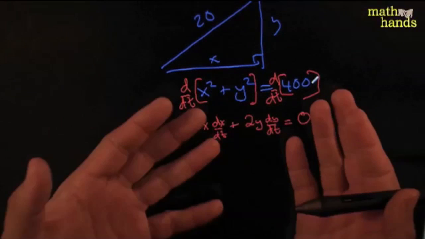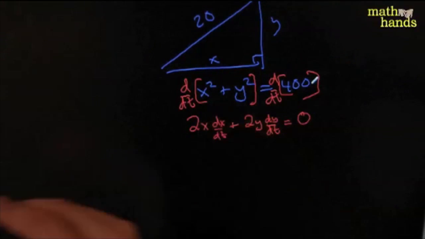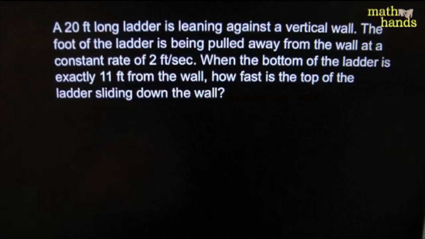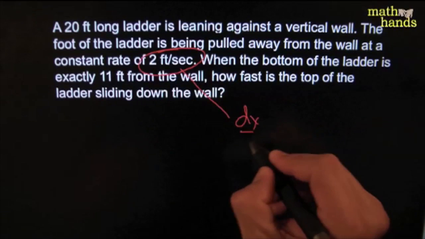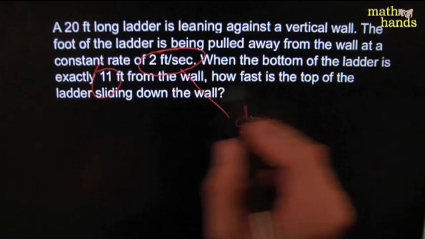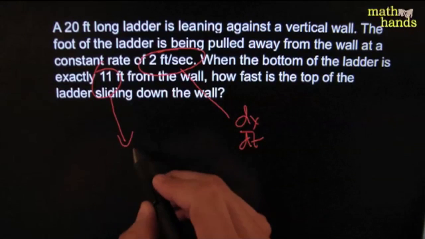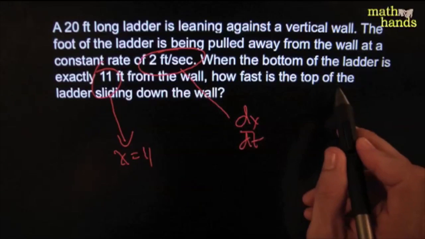And now comes the hard part, the plug-in part. You got to plug stuff in. What are we plugging in? This guy right here is my dx/dt. This guy right here, when the bottom of the ladder is 11, with the bottom x equal to 11, that's what they give us.